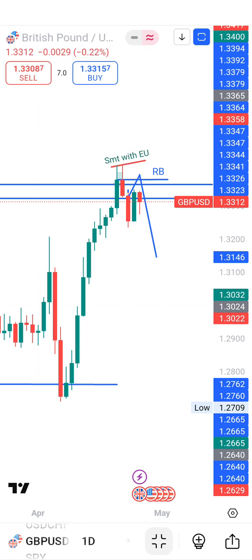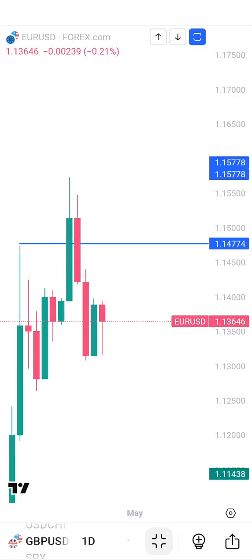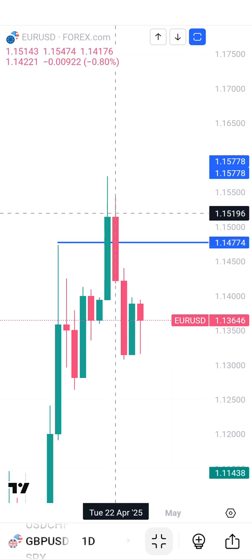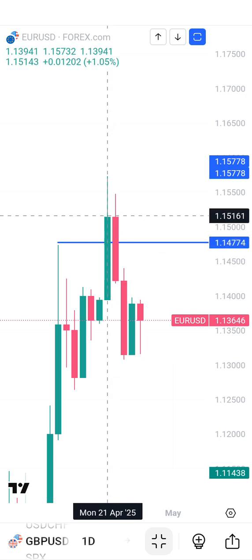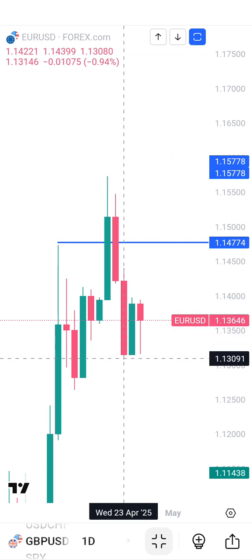On EURUSD, you can see the same thing. Don't forget, on EURUSD I showed us this area where price takes off their high. What do you do? You look for a sell, and price did that perfectly last week Monday. And on Tuesday, an SMT formed and price dropped over 120 pips on EURUSD. Same thing with GBPUSD. So what are we anticipating?